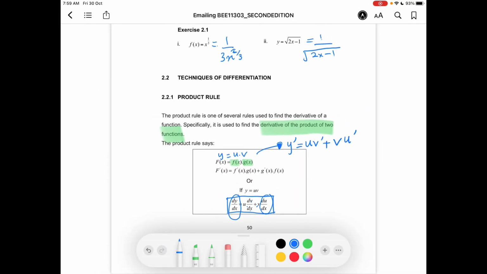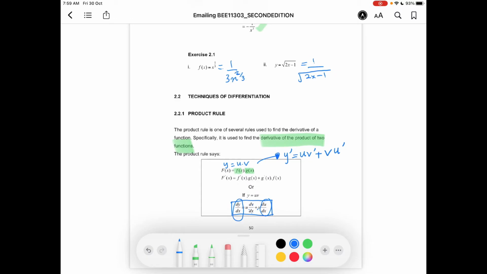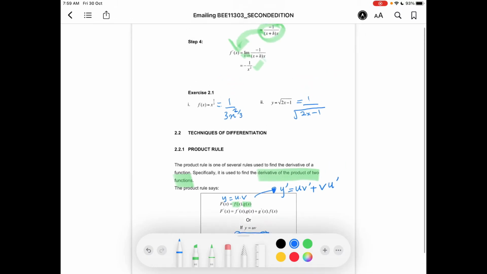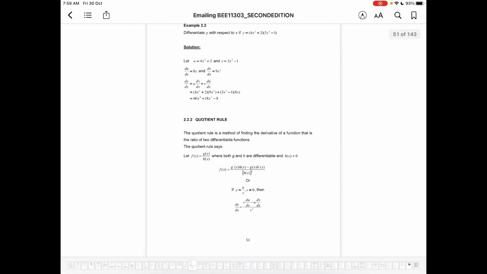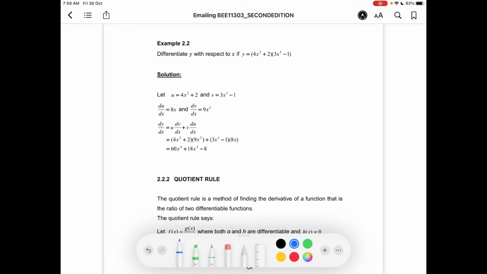Let's go to some examples. Example 2.2: differentiate y with respect to x if y equals (4x squared plus 2) times (3x cubed minus 1).